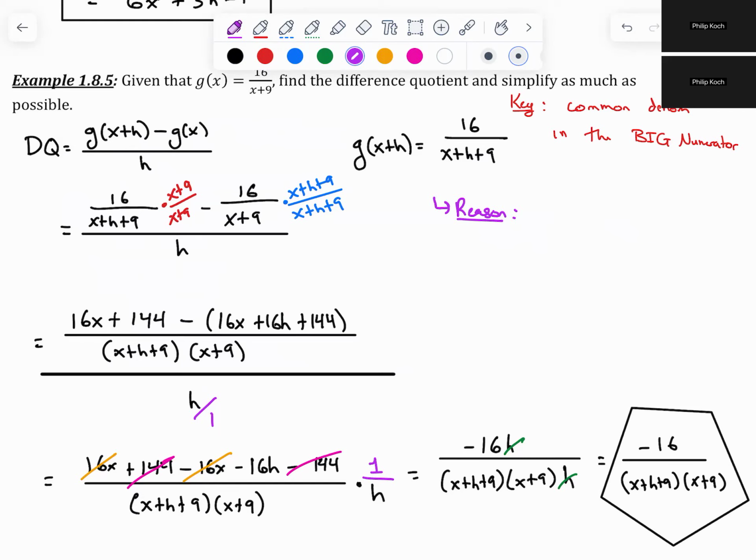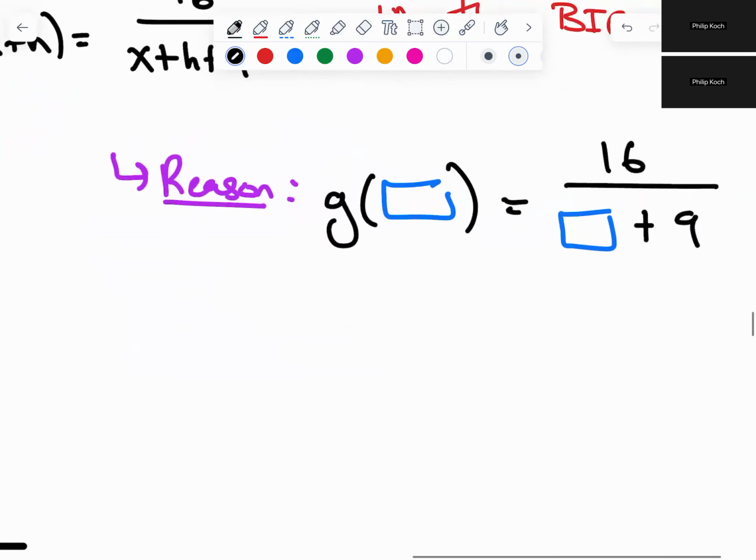The big reason for that is that if you have g of a blue box, it doesn't matter what is inside the blue box. What the function does is it takes that blue box and plugs it in. So this would be equal to 16 over blue box plus 9. And so what we're going to do is just plug in x plus h here.